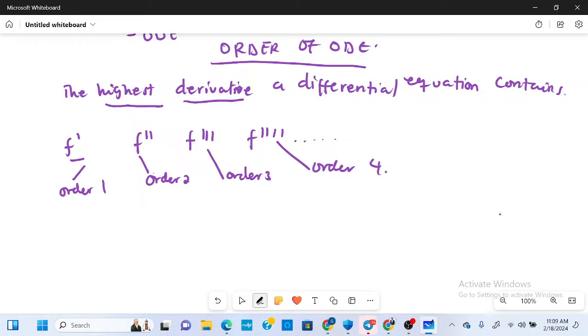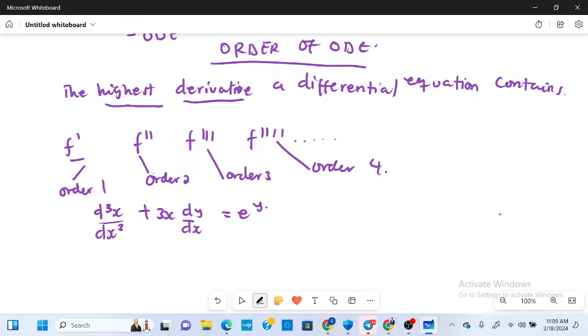So if I have a differential equation such as d cubed x over dt cubed plus 3x multiplying dy over dx is equal to e to the power y, then what is the order of this differential equation?